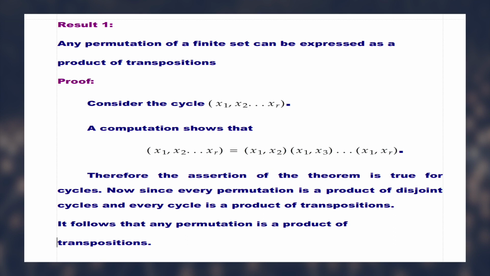Therefore, the assertion of the theorem is true for cycles. Now, since every permutation is a product of disjoint cycles and every cycle is a product of transpositions, it follows that any permutation is a product of transpositions.